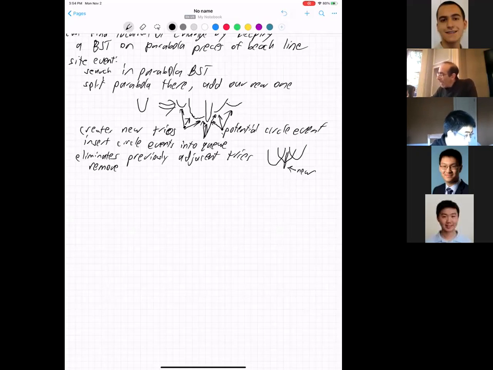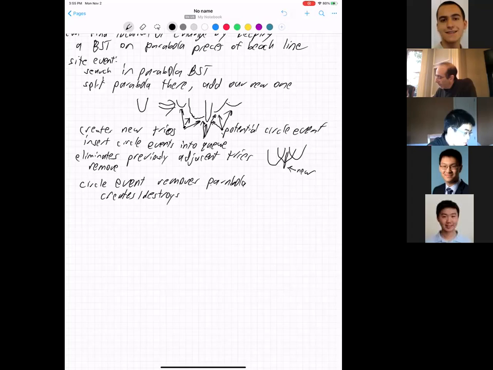In much the same way, a circle event removes a parabola, and so that also creates and destroys trios. And so again, we insert or remove circle events.